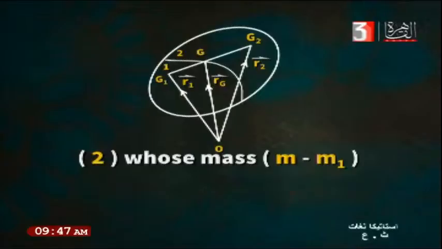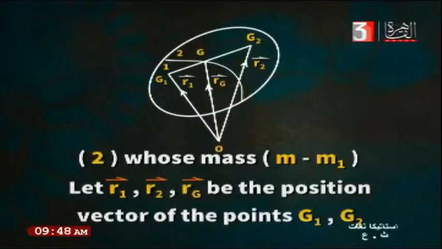The rigid body has mass m, and we cut from it part 1, with center of gravity g1 and mass m1. We need to determine g2, the center of gravity of the remaining part, whose mass is m minus m1.